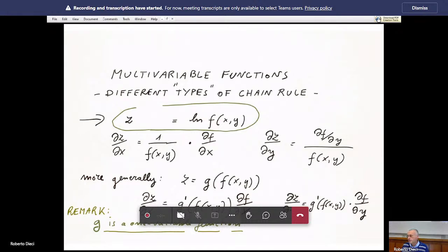And in many applications, we need to estimate what is, for instance, the growth rate of the dependent variable, depending on the growth rate, time growth rate, of the independent variables. Okay? So this is a very important tool, very commonly used in economics. And this is what I'm going to present today about the chain rules for multivariable functions.